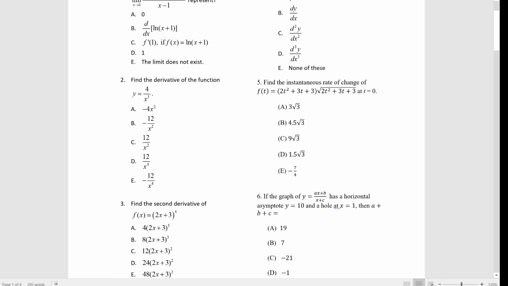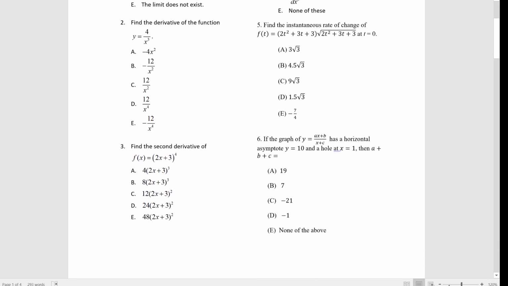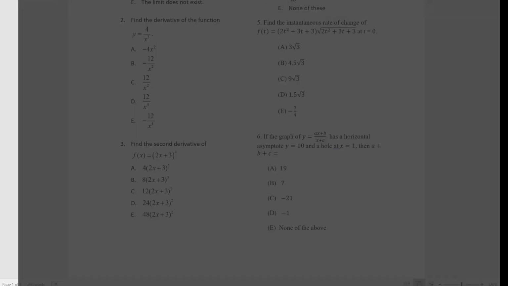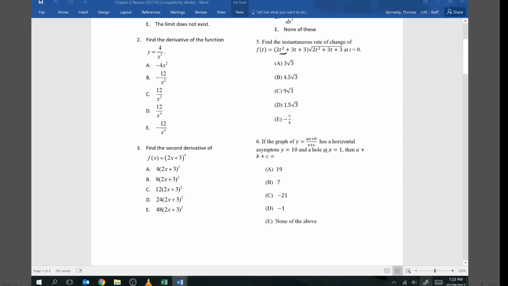Alright, so 5 has this insanely cool trick, which is basically, this question is mad easy if you just combine those things. If I combine these two things that have exactly the same inside to be (2t squared plus 3t plus 3) to the 1.5, it's a heck of a lot easier. Because all I have to do is 1.5 times (2t squared plus 3t plus 3) to the 0.5 times the derivative of the inside, which is 4t plus 3.